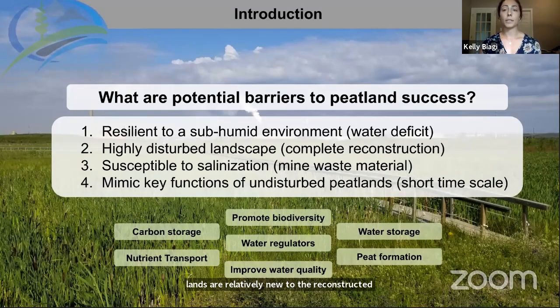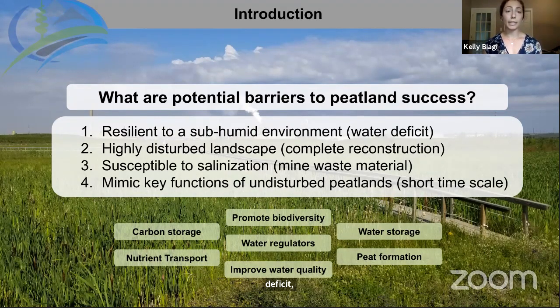And this is because there are several challenges, as they are complex ecosystems, so they're complex to reconstruct. For example, they need to be resilient to a subhumid environment where there's an overall water deficit. They need to be completely reconstructed in a disturbed landscape where they usually take thousands of years to develop naturally.